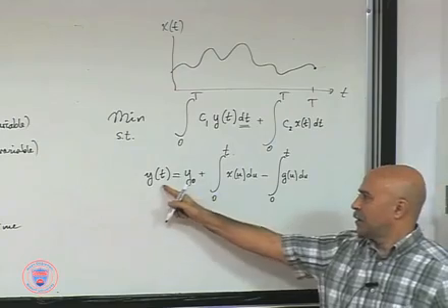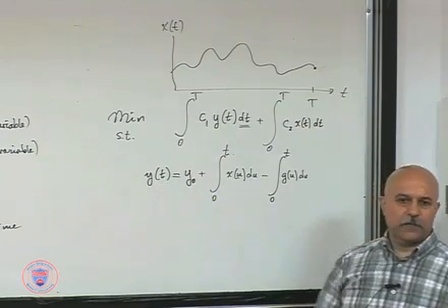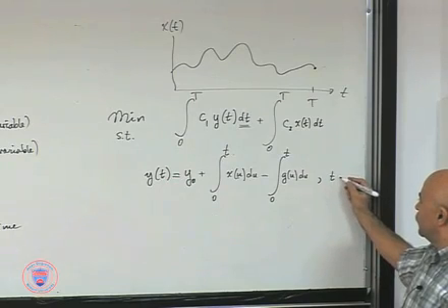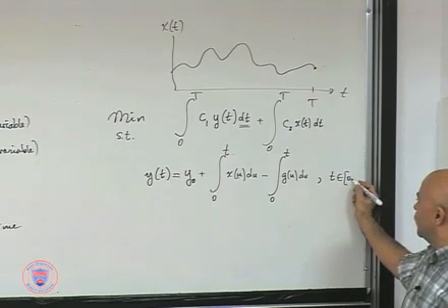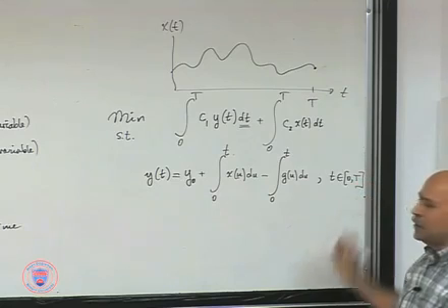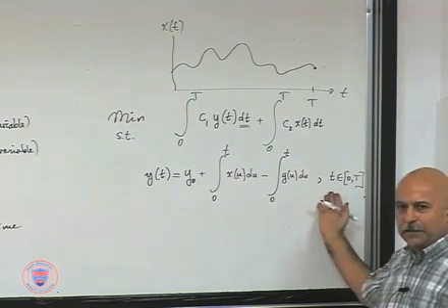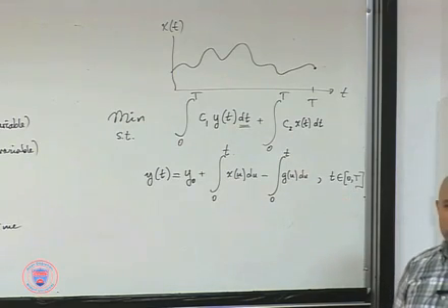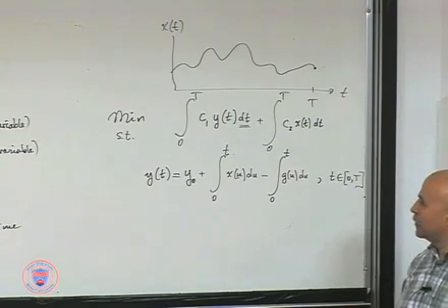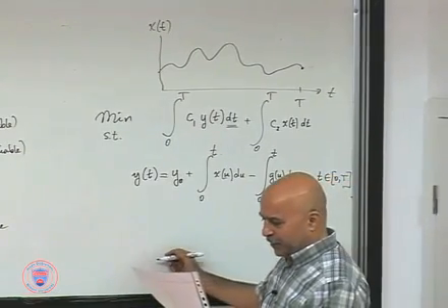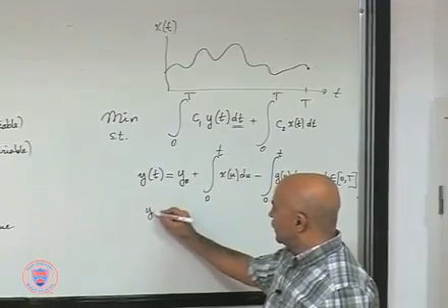So that determines what y of t will be at that time point. Of course, such a constraint is written for each t in the planning horizon, which means an infinite family of constraints. Okay? It's easy to write it down, but when you work with digital equipment, computers, these things may become quite difficult.